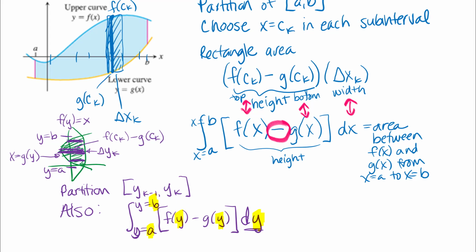I'm going to do a little bit more labeling on both of these just to make sure. Sometimes students don't think about the picture when they set this up, but it's really important that you think about the picture so that you get everything in the right order. On the dx integral that I have here, if you look at the picture, you notice that the f of x function that I have first here is the top function, and the g of x function is the bottom function.